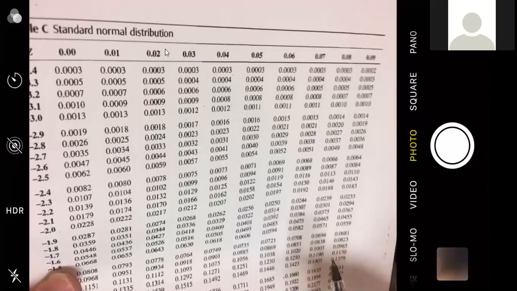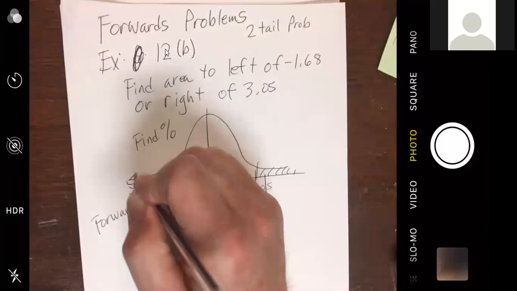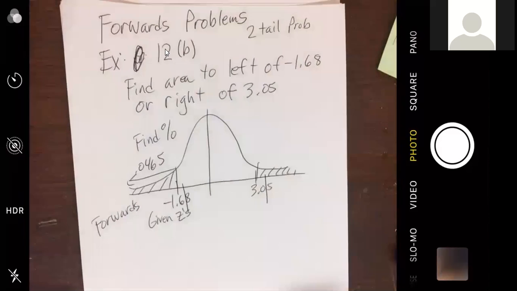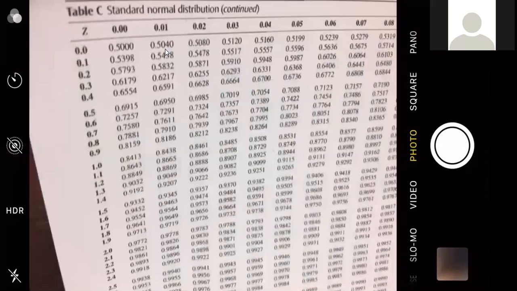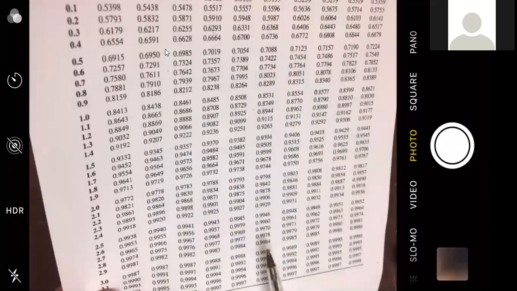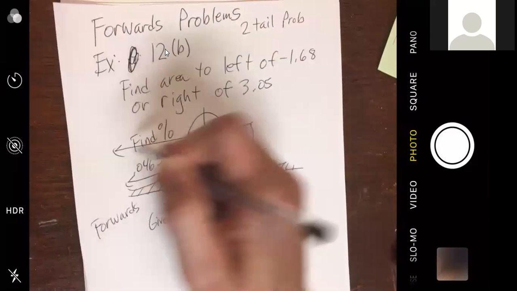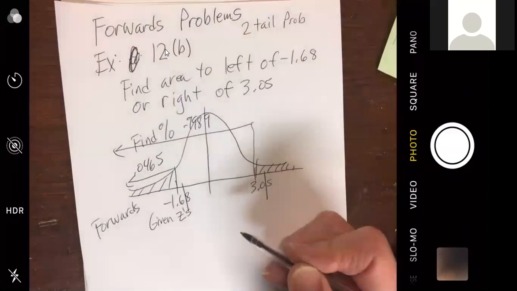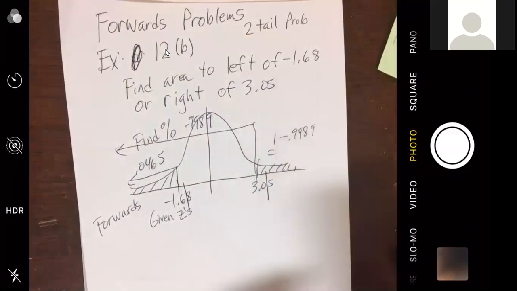Negative 1.68 to the table. 1.68, 0.0465. 3.05, I split that 5 off. 9989. We go 1 minus 0.9989. 0.0011.